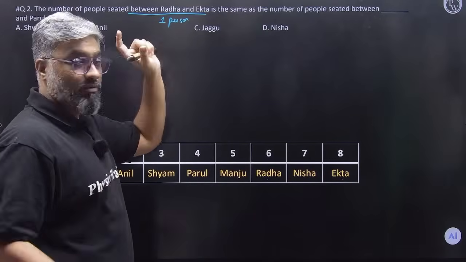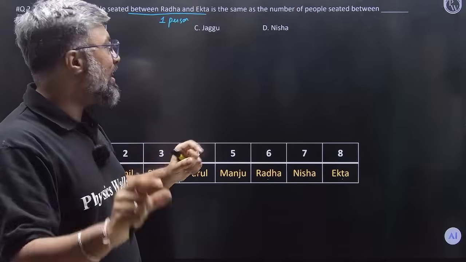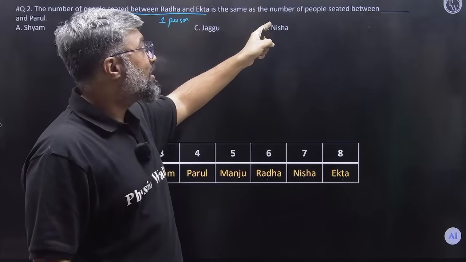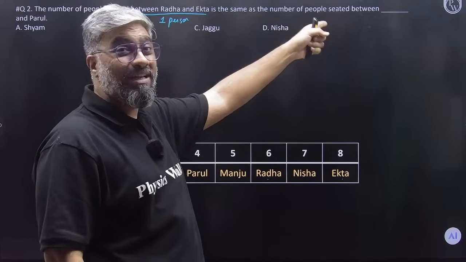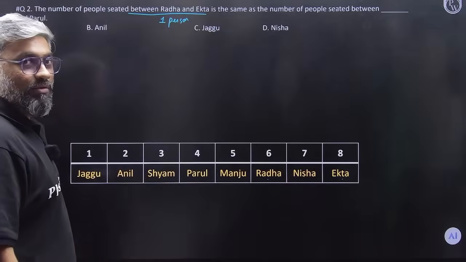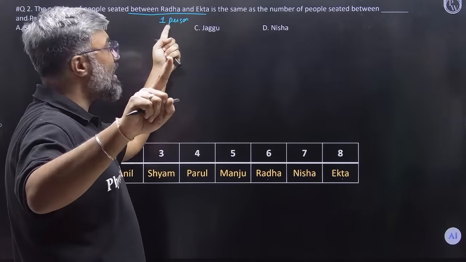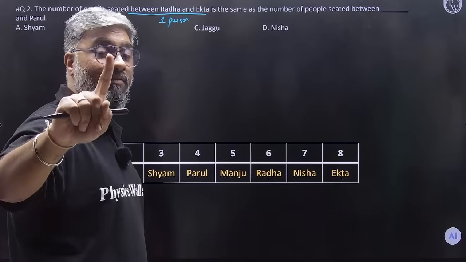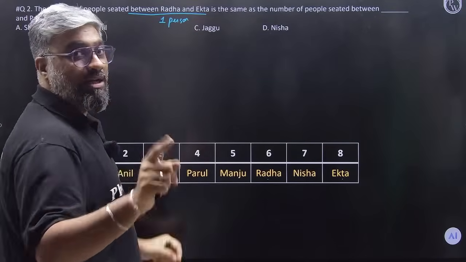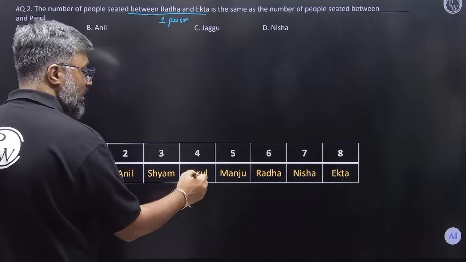They're saying this number 1 is the same as the number of people seated between somebody and Parul. So there should be exactly one person, because we got the answer as 1 here. There should be exactly one person between Parul and somebody. Where's Parul? Parul is here.